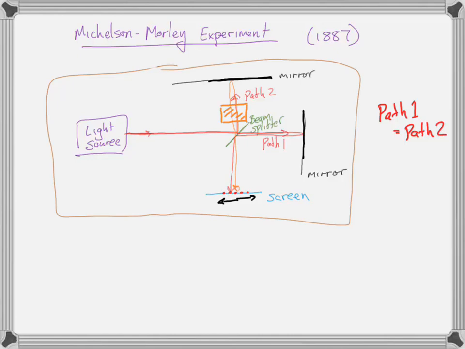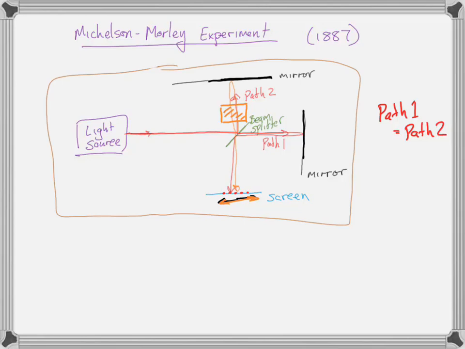So I can have no gas in it, look at the diffraction pattern, add gas, and see if the diffraction pattern shifts. The amount that the diffraction pattern shifts, from when there was no gas to when there is gas, tells us how much path 2 has slowed down compared to path 1.